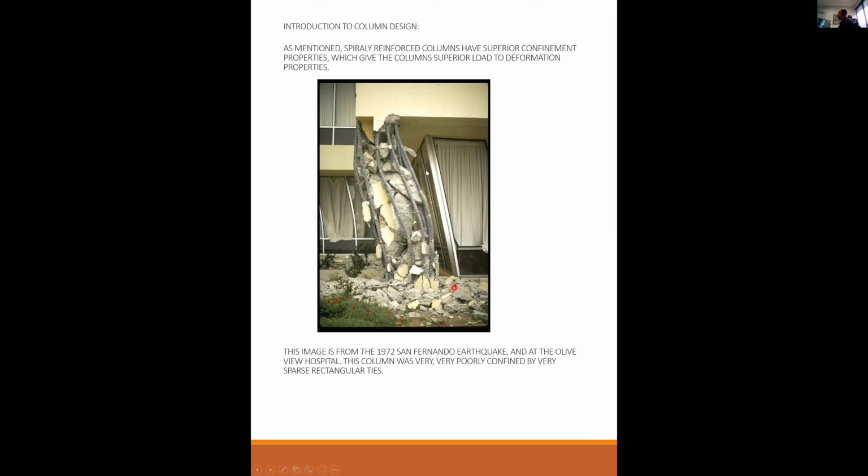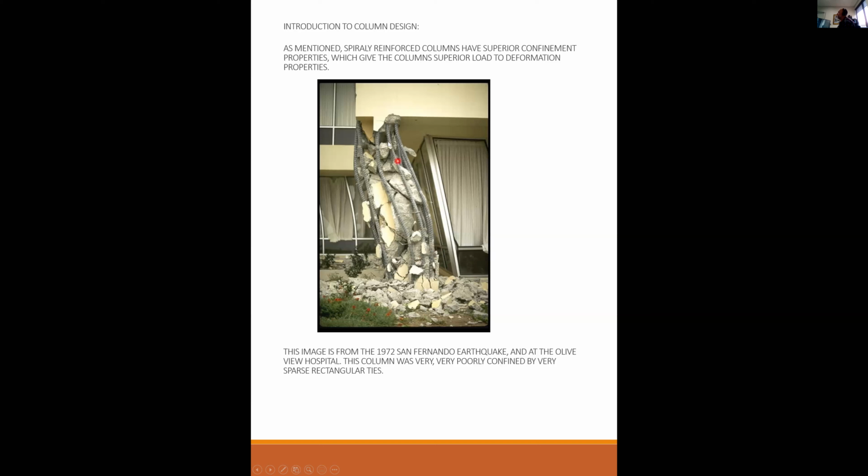Hard to gauge it in this photo, but it drifted a lot. And in that drifting, this tied column with very little confinement basically disintegrated into a box of rocks. And that is the behavior of a rectangular tied column.